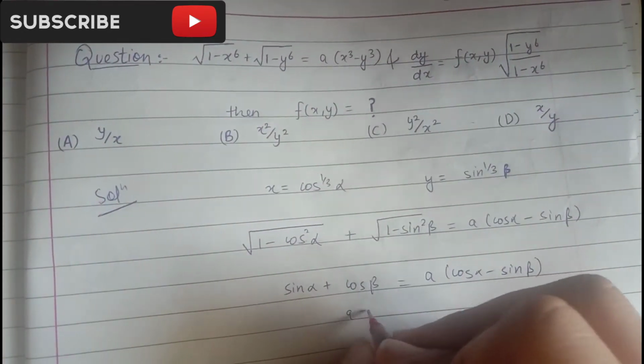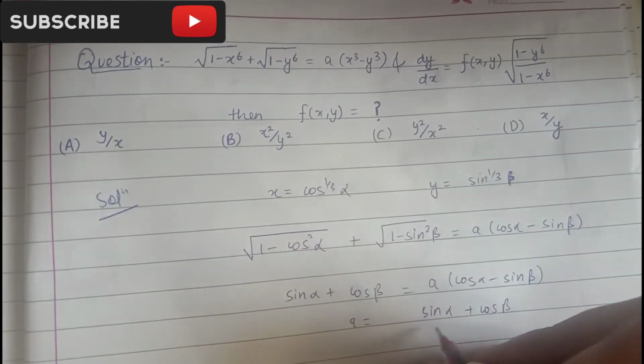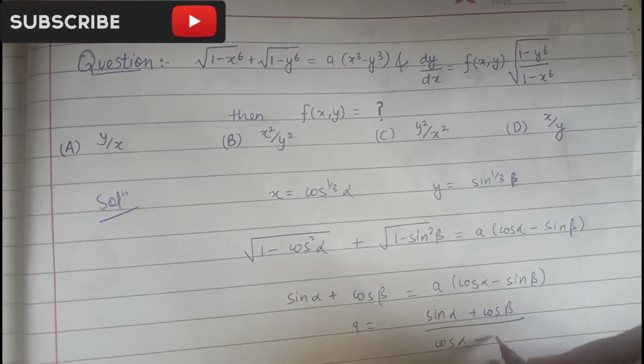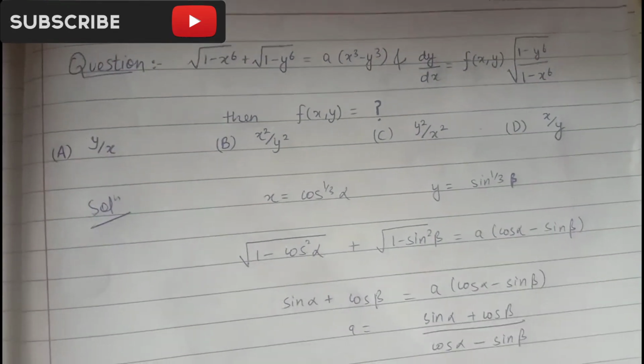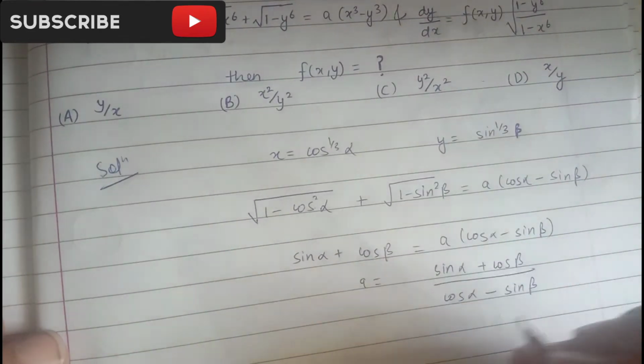So I can write it like this: a equals sine of alpha plus cos of beta over cos of alpha minus sine of beta. Now I have to differentiate with respect to alpha, so let us differentiate that.